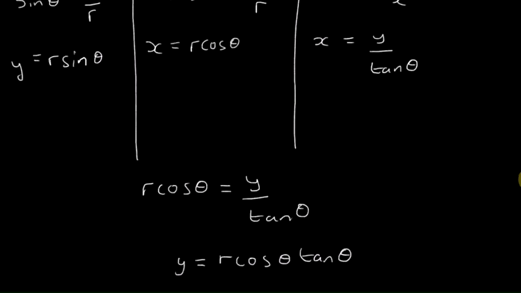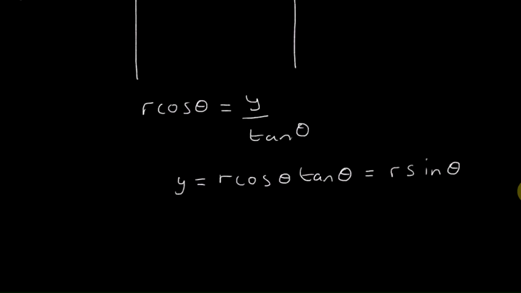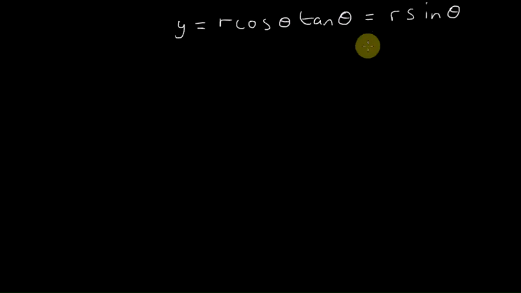And now we've got, so that means we can say we've got y equals r cos theta tan theta, and now we've got y equals r sine theta. So we can put that equal to each other. And let's see, what can we do with this? Let's just get rid of that for now and just focus on here. So what if we take the r cos theta over here?